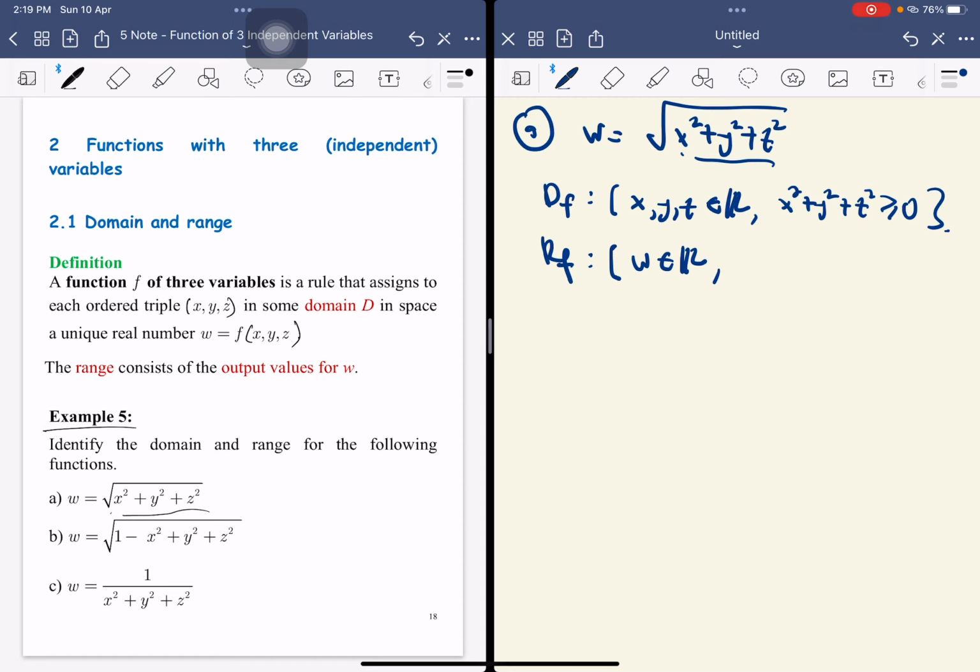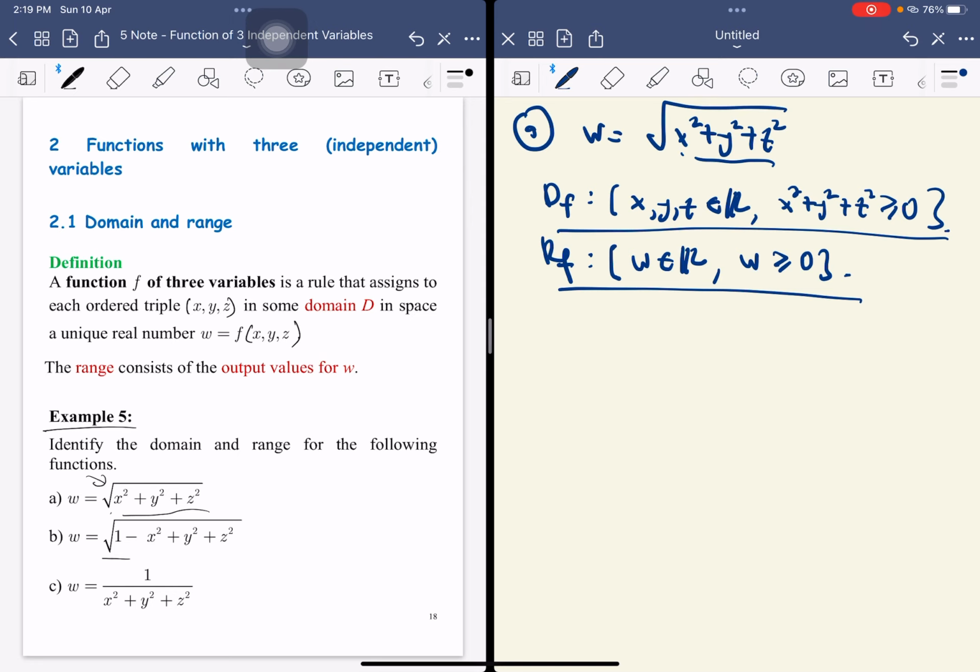Since we have a square root term, obviously the values of w will be greater than or equal to 0, meaning positive values only. You can see that we use the same way of finding the domain and range as for a function with two independent variables.